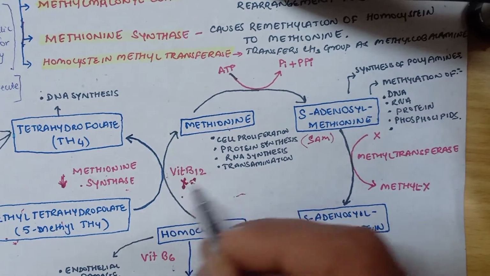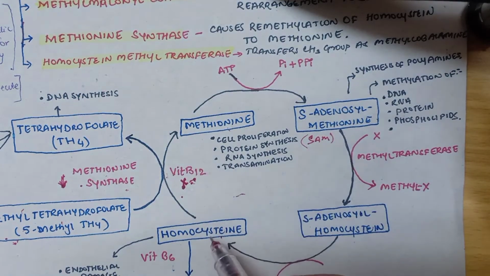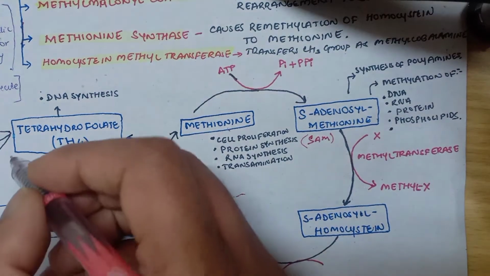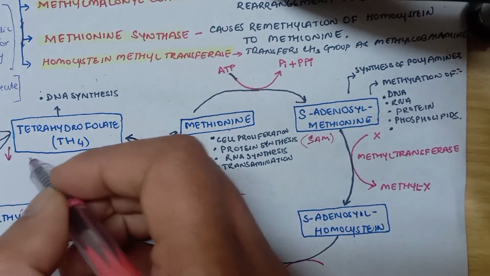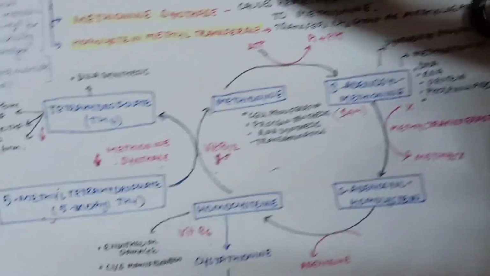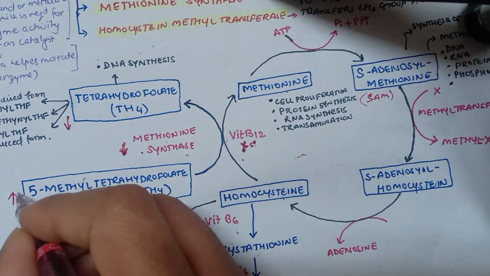So, in this case, methionine is not formed from homocysteine. So, there will be a decrease in the level of tetrahydrofolate, and there will be an increase in 5-methyl tetrahydrofolate.